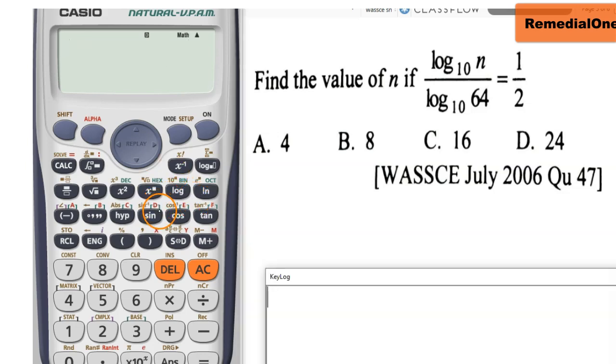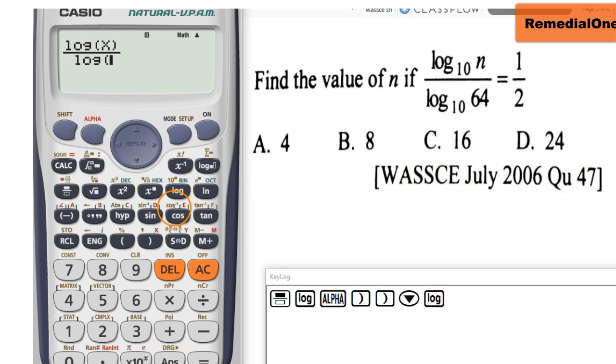And also we will be using the variable x as we did in our linear equation. So it's a fraction, so let's pick our fraction bar, and we have log x. We close the bracket, we come to the denominator, and it's log 64. We close it.